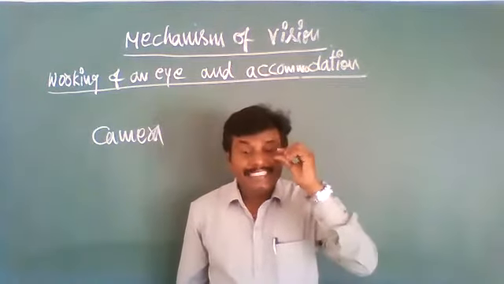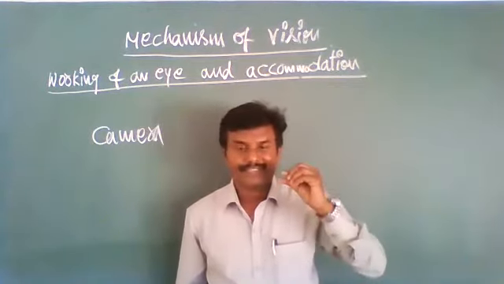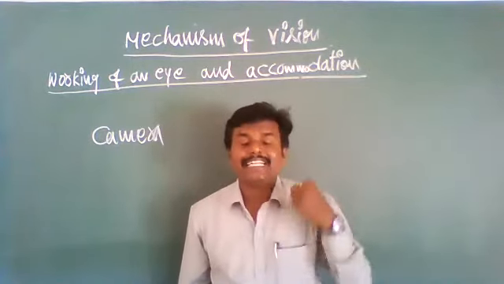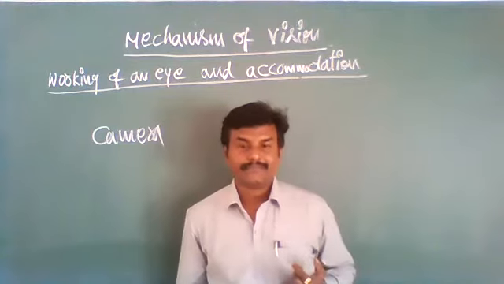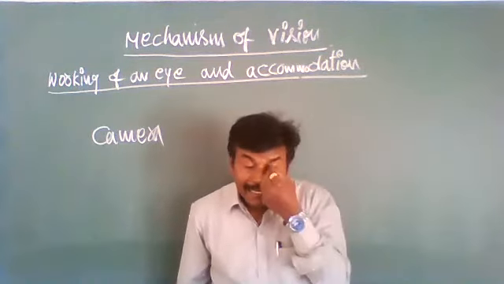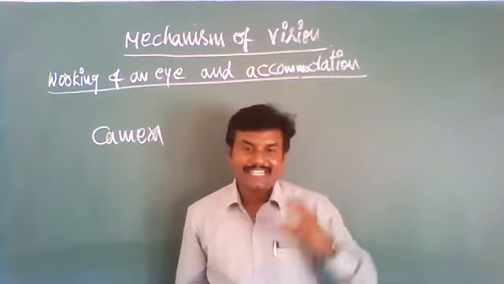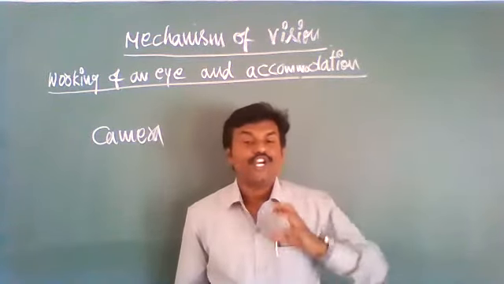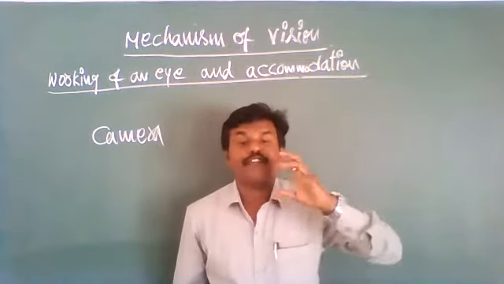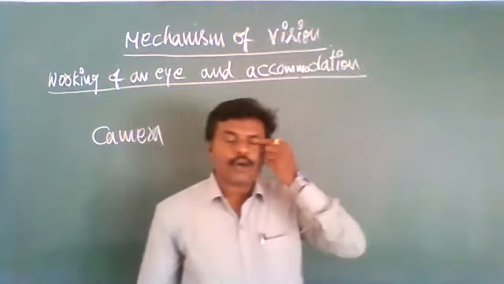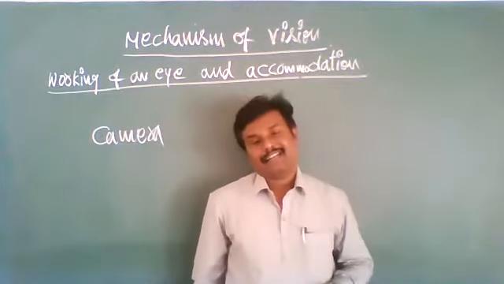But the lens itself adjusts distance for focusing by changing its shape. Why is the shape changed? For focusing the image of the surroundings. Such a beautiful mechanism is accommodated in our eye.